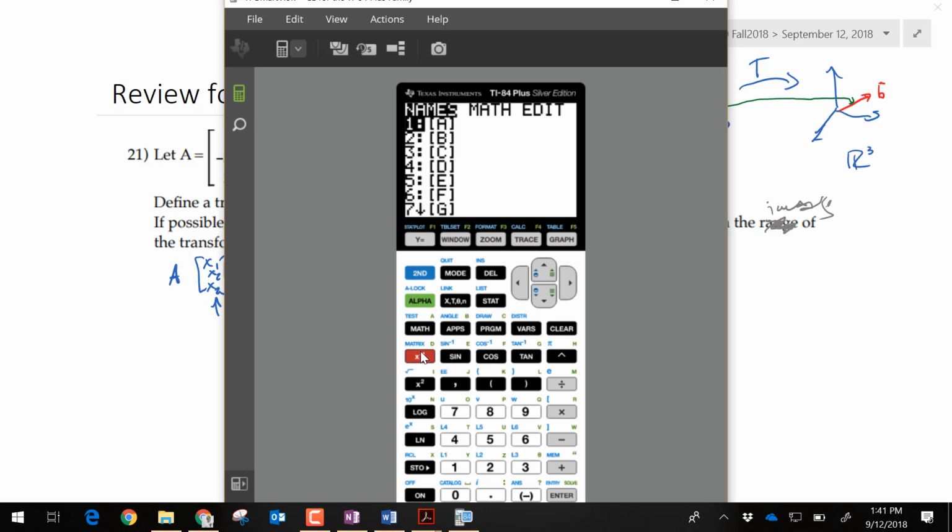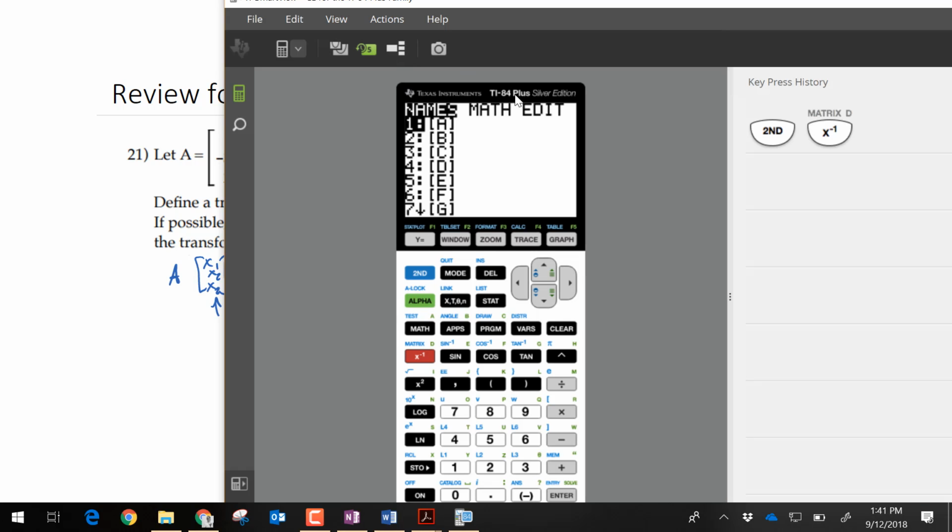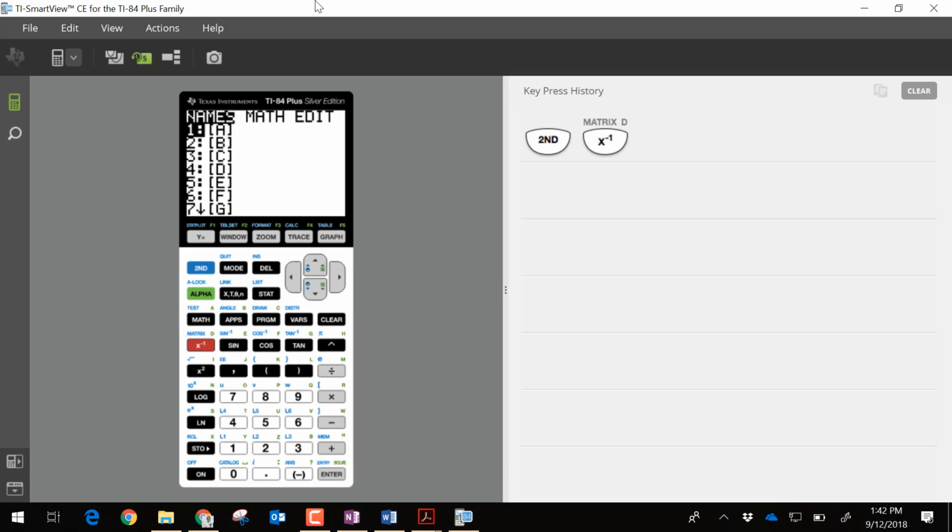I think the TI-83 might be a little bit different, but I essentially clicked on matrix. Now, this again is for an 84. If you have an 83, it might be a little bit different. So I have the key commands on the left side there. We'll just deal with matrix 1A. So I can press the number 1 or hit enter.